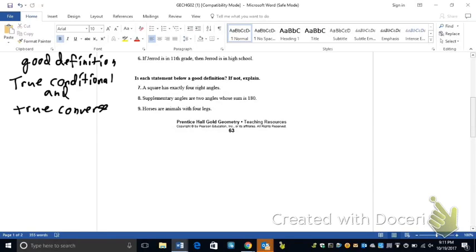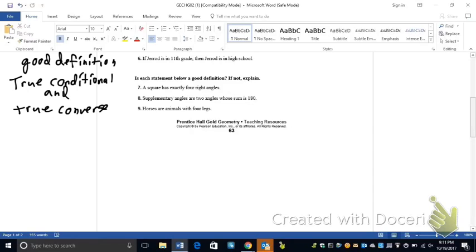See if it's true forward, and then flip it around and see if it's true backwards. If both the conditional and the converse are true, then it is a good definition. If either one of those is not true, then it is not a good definition.